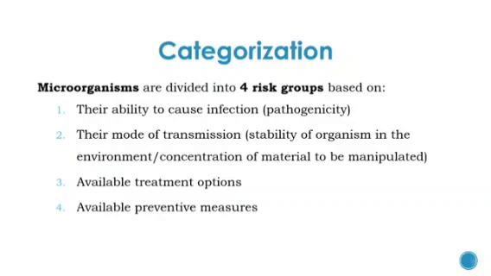Microorganisms are categorized into 4 risk groups based on their pathogenicity or their ability to cause infection to the person handling the organism, their mode of transmission from one person to another and to the community, which is based on the stability of the organism in the environment and the concentration of material, if there are any treatment options available, and if there are any preventive measures like vaccines or chemoprophylaxis available.